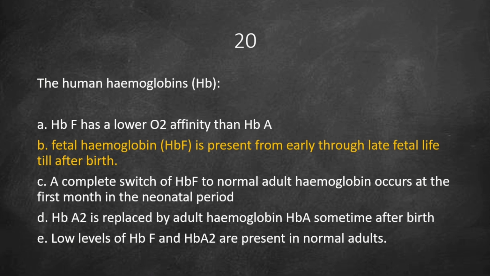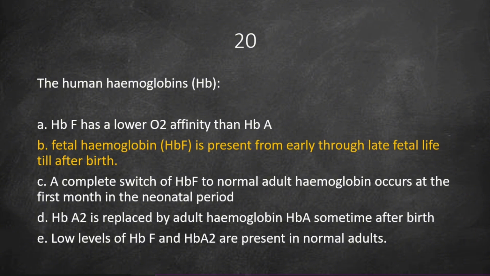Hemoglobin A2 is also normally present in small amounts in adults. F is what should actually be converted to the A, but still you will see some trace amounts there, making this answer correct.